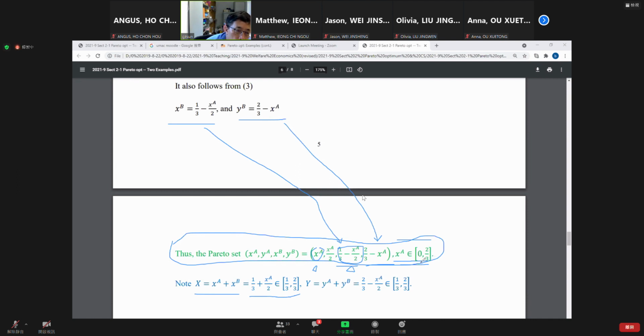So therefore, when XA equals 0, this term disappears. We get 1/3. When XA equals 2/3, this one equals 1/3 plus 1/3. That's 2/3. And similarly for Y. So here you may find something interesting.